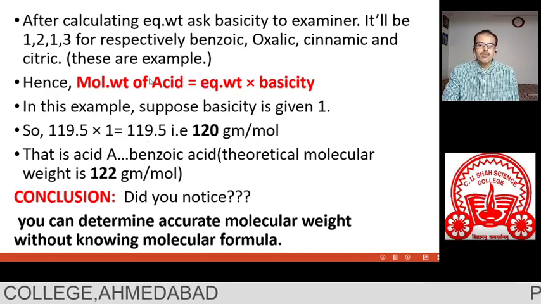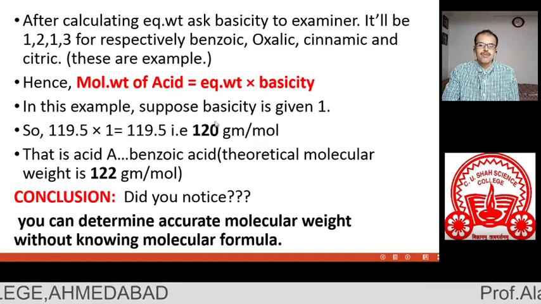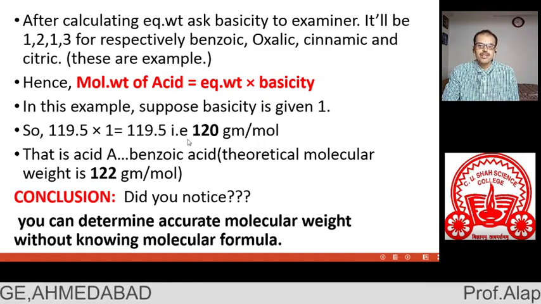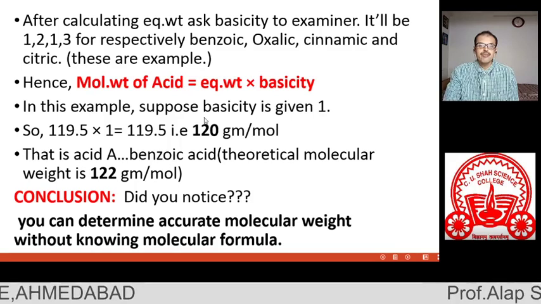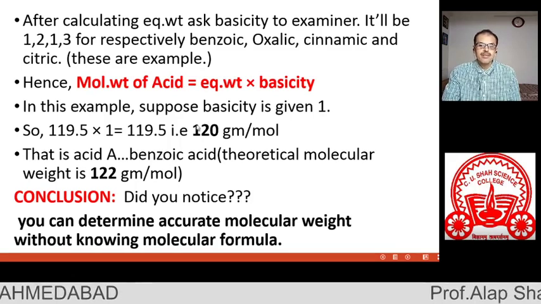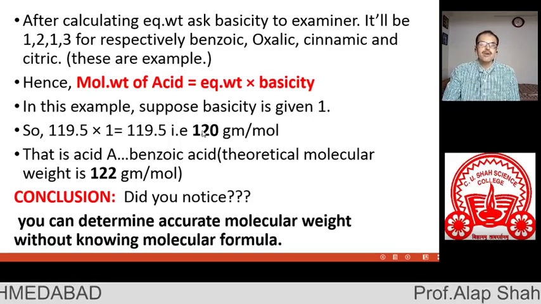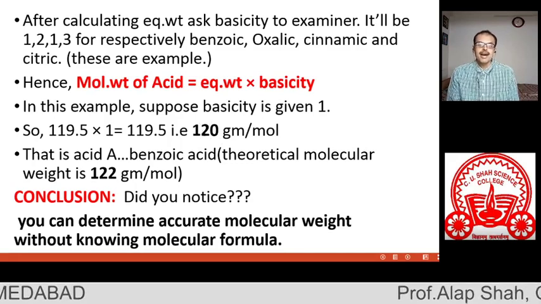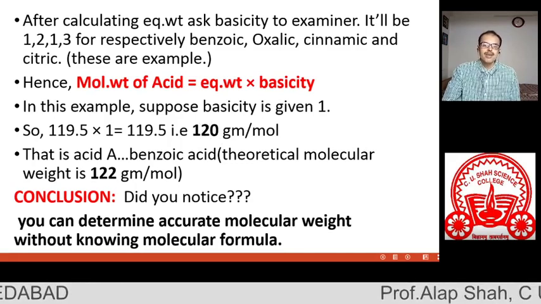So with this formula, molecular weight of acid is equal to equivalent weight multiplied by basicity: 120 into 1, that is 120. So experimentally, friends, we get the molecular weight of the unknown acid as 120 gram per mole, and I have used the readings of benzoic acid.